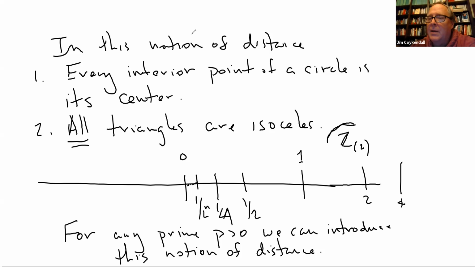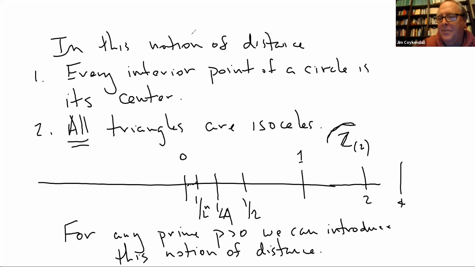But just like if you take the standard notion of distance on the rational numbers, you can complete it, right? You've all done this in an advanced calculus class or an analysis class, where you look at Cauchy sequences and all this kind of business.